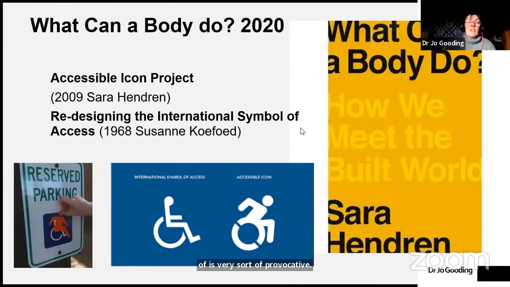But the critical approach of designers and creatives helping shine a light on the experience of life is also reflected in Sarah Hendren's book, What Can a Body Do? This is a very well written book about how we actually meet the world.